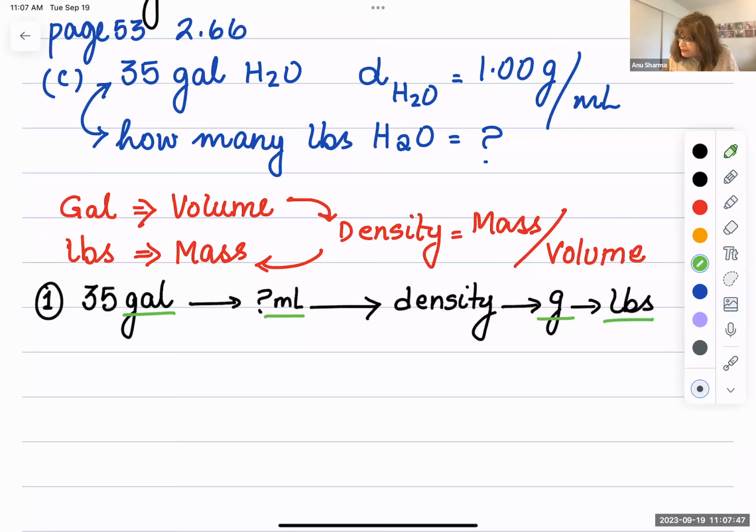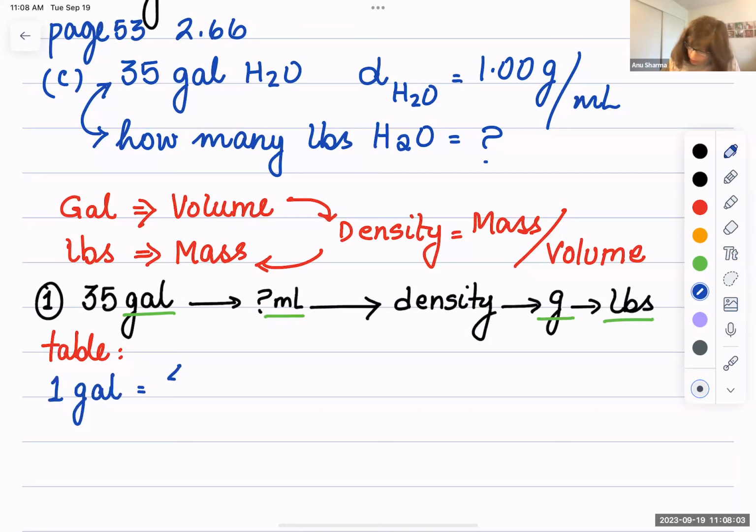But when you look at the table of equalities that is given to you in the handout, what do you see? 1 gallon is equal to 4 quarts.